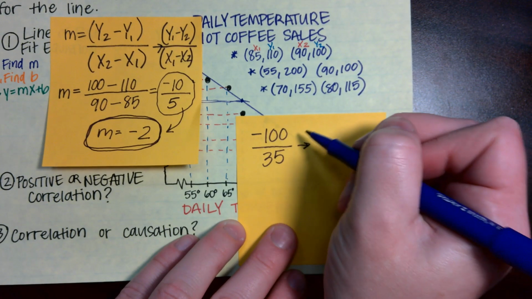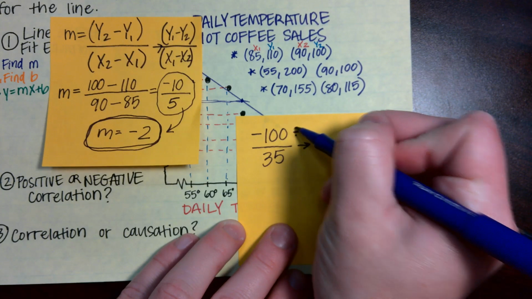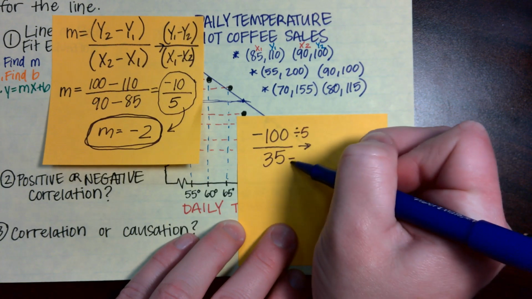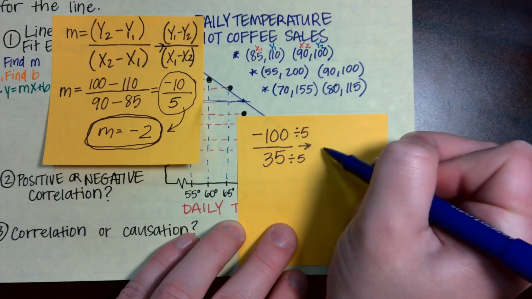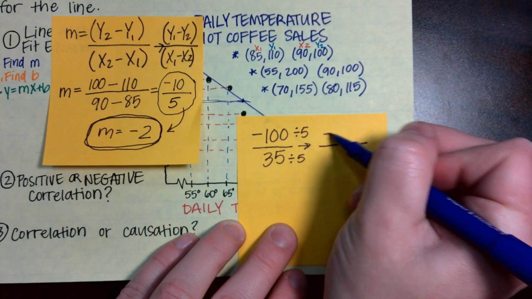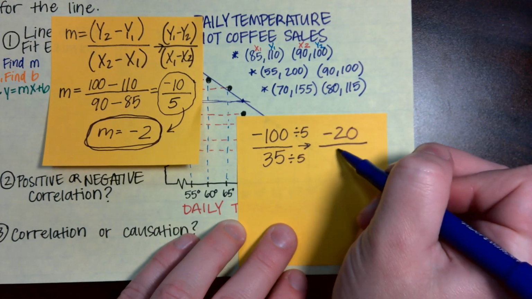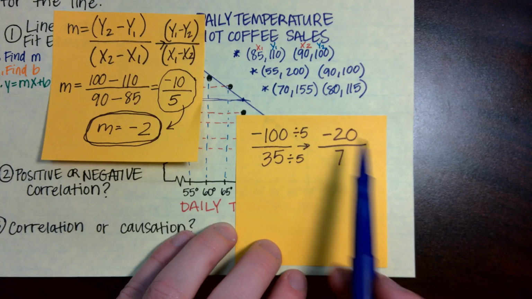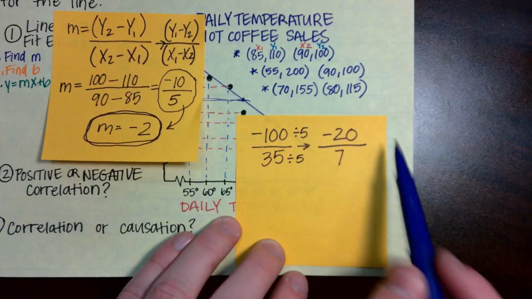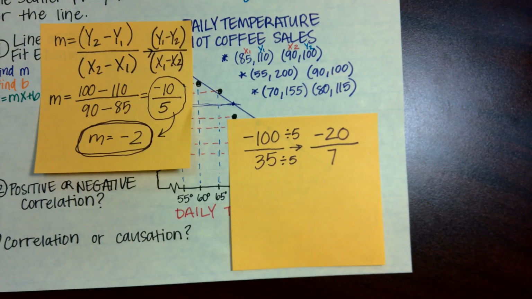So why don't we try that? Let's do 100 divided by 5. 35 divided by 5. That's going to give us negative 20 over 7. Okay, and it looks like we can't simplify any further, so let's see what that would be as a decimal. Negative 20 divided by 7. See how close that is to negative 2.